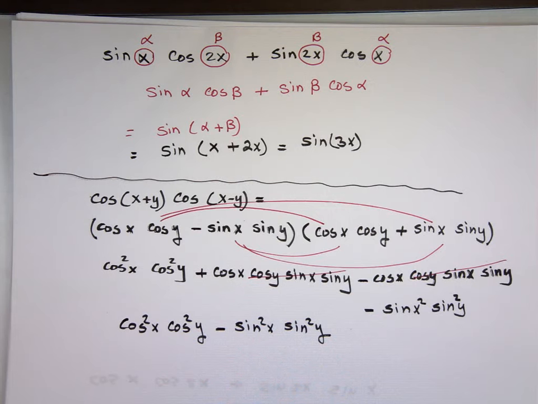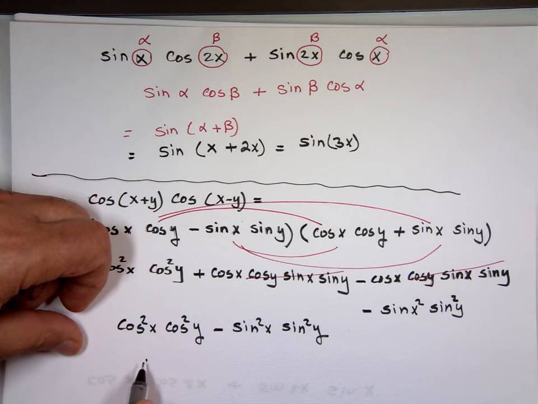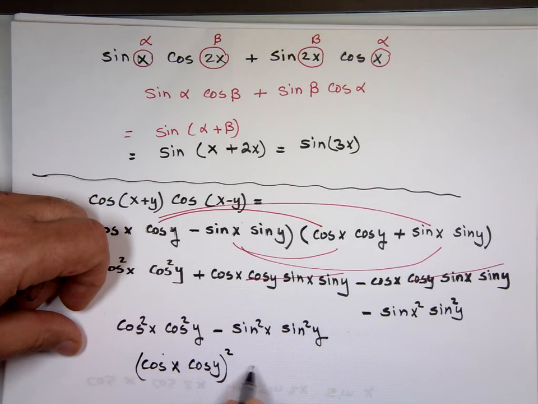My first reaction was to write it as cosine xy squared minus sine xy squared and use the difference of two squares. Wait, do I have anything common to them? Nothing, right? I'll be going in a circle if I did that. So I'm stopping here.